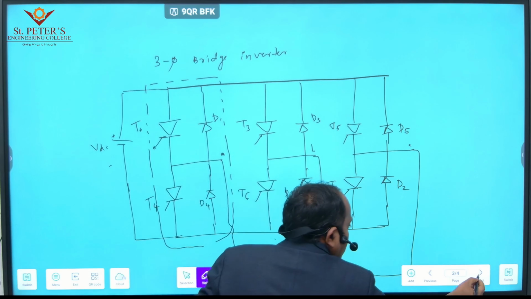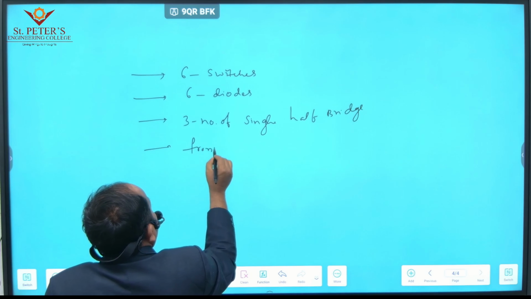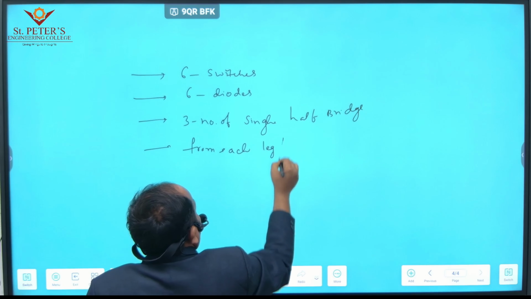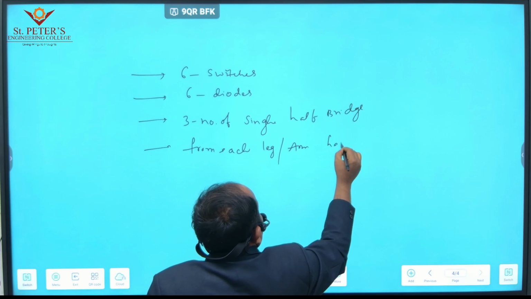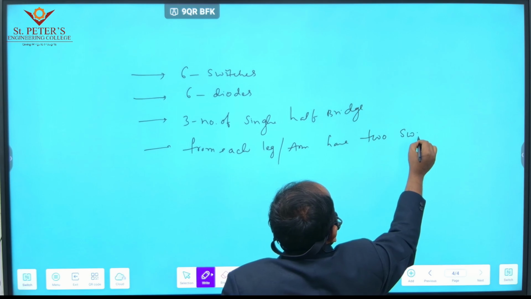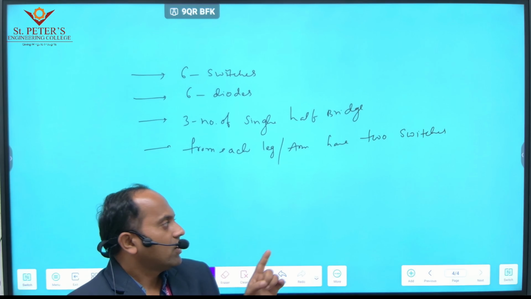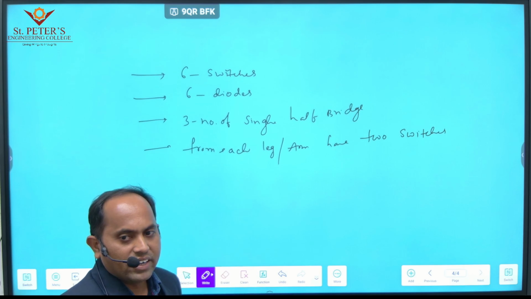So from each leg we have a total of two switches: one connected to the positive terminal and the second connected to the negative terminal of the battery.